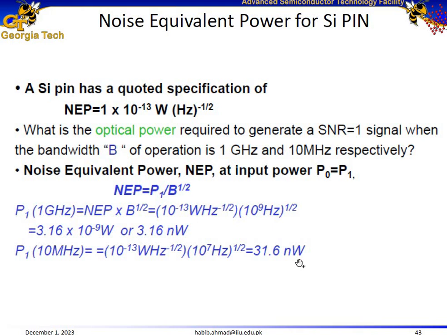So which one is better? This one is better, right? Because at 1 gigahertz the power requirement is low, and that is what we want. Our photodetector should be able to operate at low input optical power levels as well. So this means that higher bandwidth is more desirable in photodetectors.